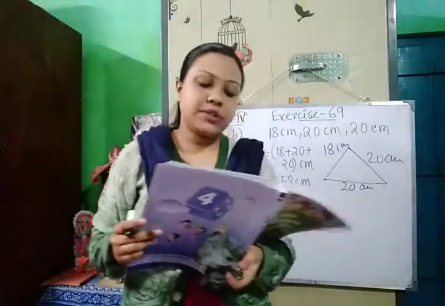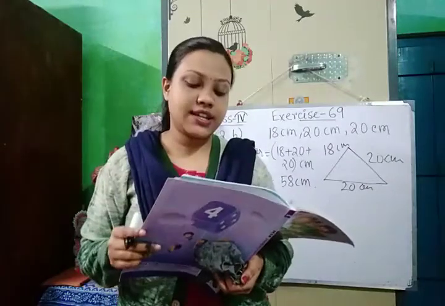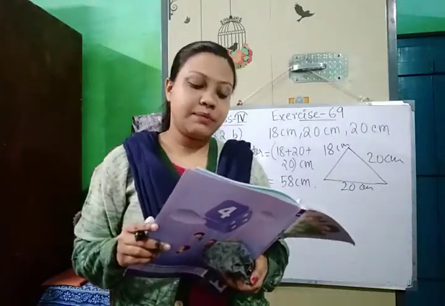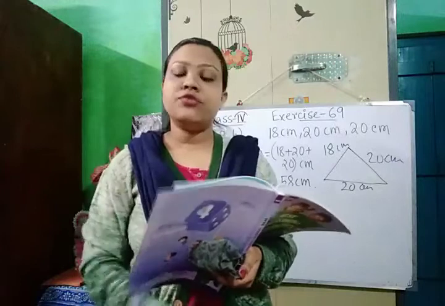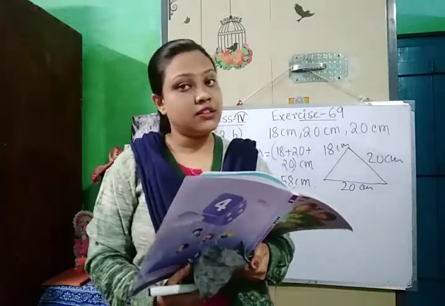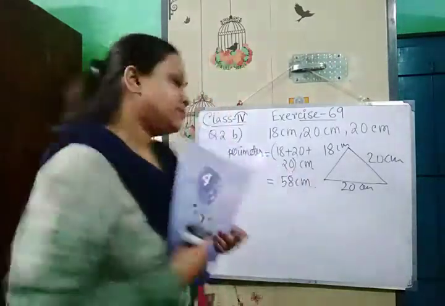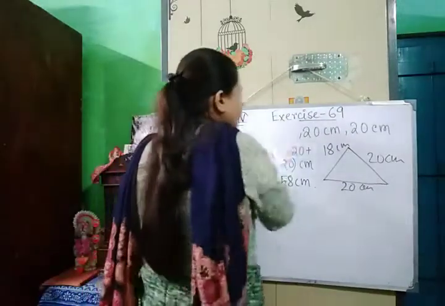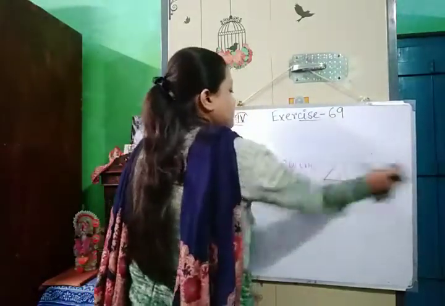Next, question number 3. The length and breadth of rectangles are given below. Find the perimeter. Now we will learn the formula to find the perimeter of a rectangle.